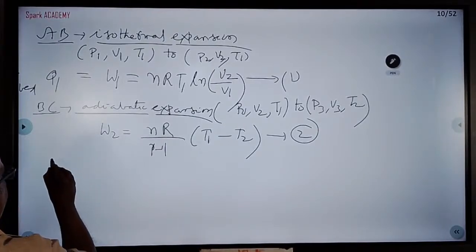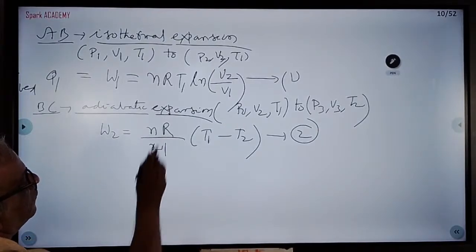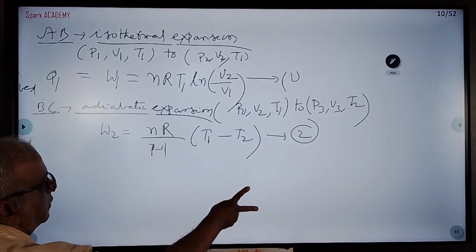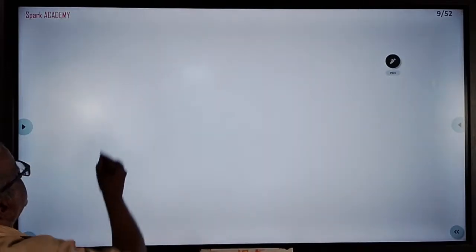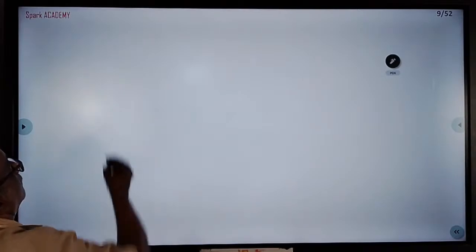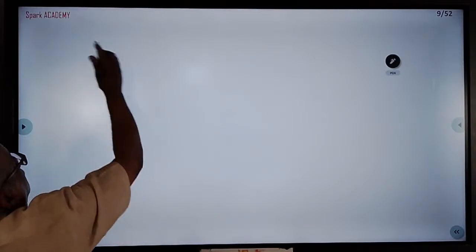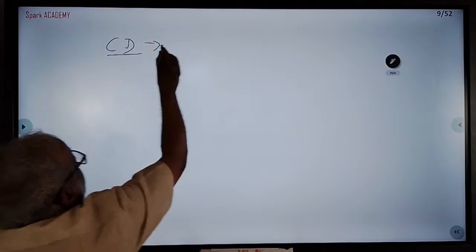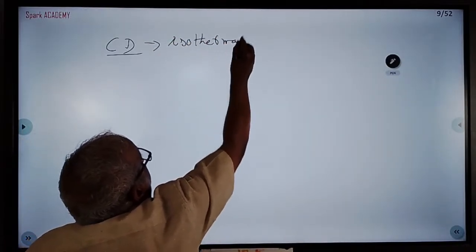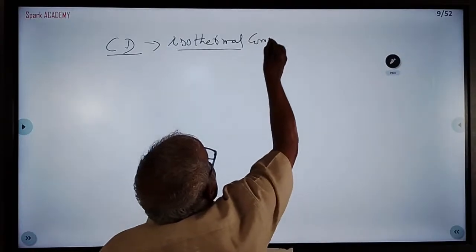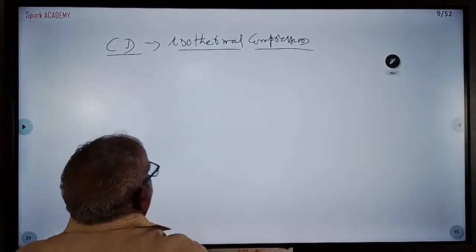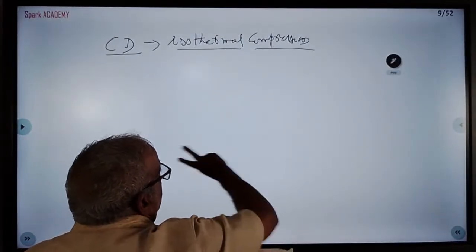I am telling you about CD. So this is first and second. You remember adiabatic expansion. CD is isothermal compression. If you have doubts, you can see the diagram.